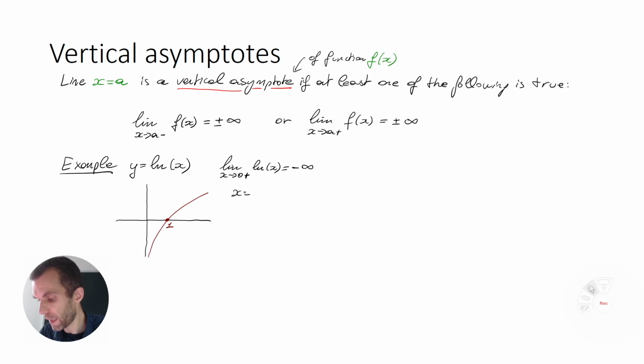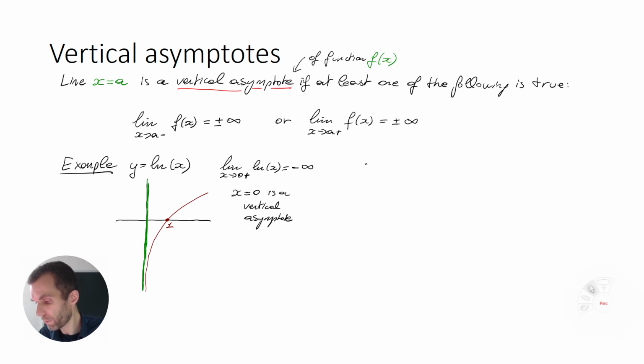So x is 0 is a vertical asymptote. And x is 0, that's precisely the y-axis. So that's this line right here. So you can think of a vertical asymptote as a vertical line, and the function reaches out to that line, but it never touches or crosses that line. So it gets closer and closer to that line without ever touching it. It's a bit hard to draw, but the gap becomes closer and closer without ever becoming 0.